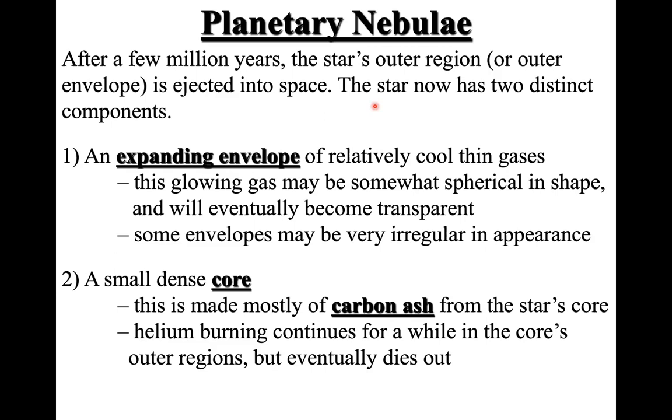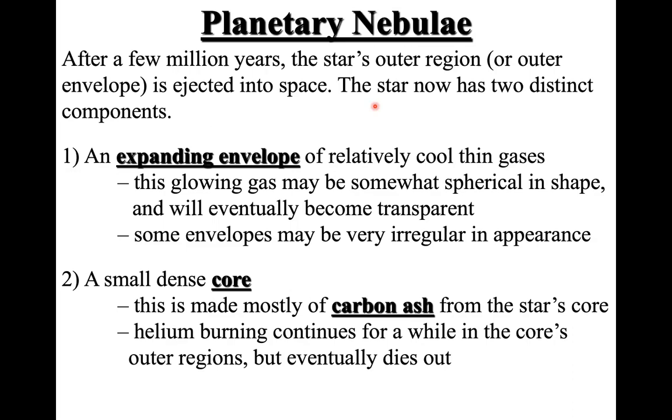This is the outer region of the star, which will go out as a separate unit into space. And then you have a very small dense core that is mostly made from carbon ash, right? From the star's core, helium burning continues for a while in the core's outer region, but eventually dies out.